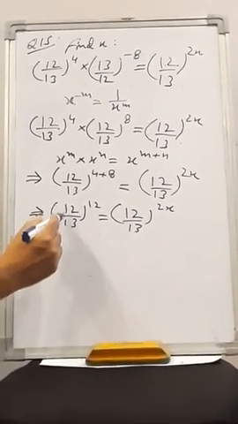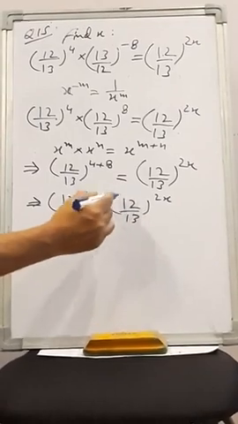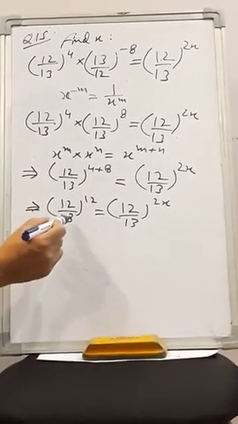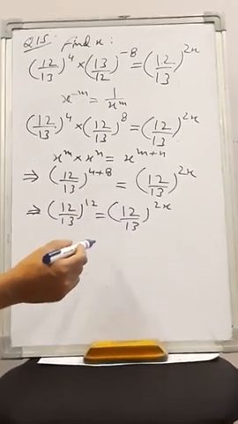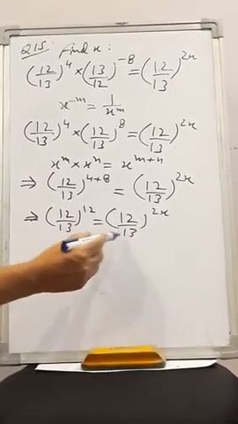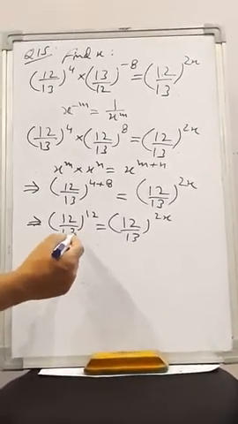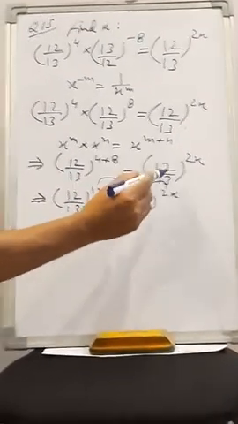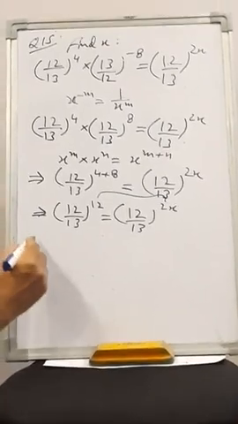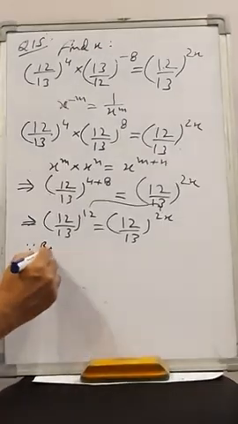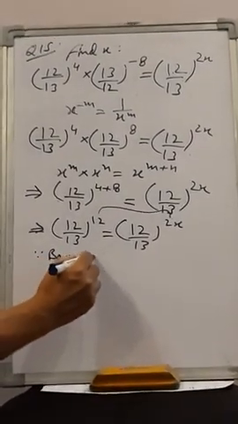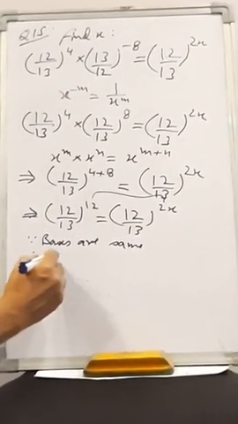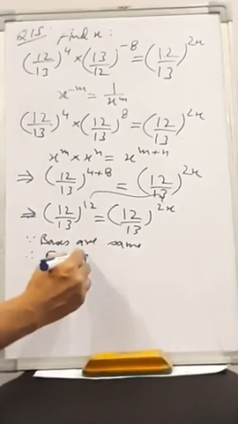Now the bases on both sides of the equation are the same. It is 12 by 13 here as well as 12 by 13 here. If the bases are the same in an equation on both sides, we can equate the powers, right? So since the bases are the same, therefore we equate the powers.